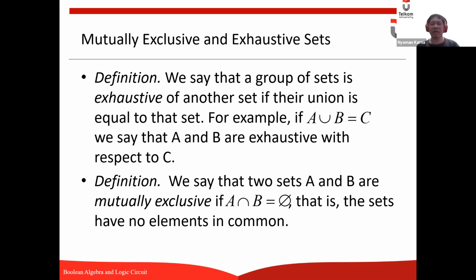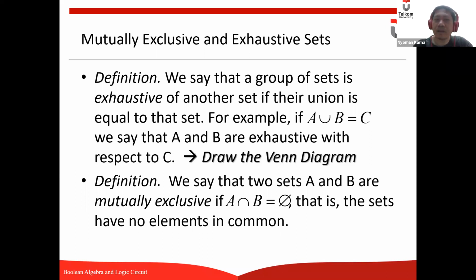For example, if A union B is C, then we can call that A and B are exhaustive with C. So if this is A and this is B, A union B is also C. That's when we call A and B exhaustive with respect to C.